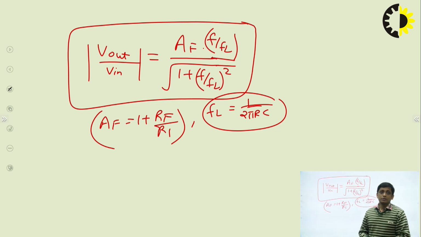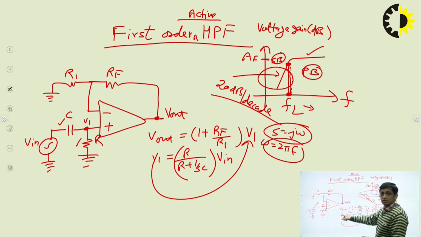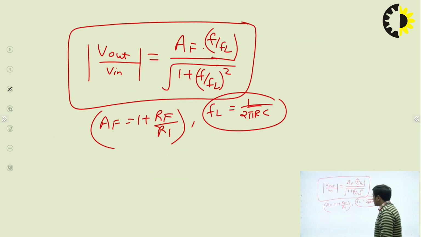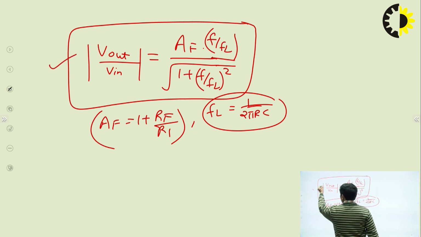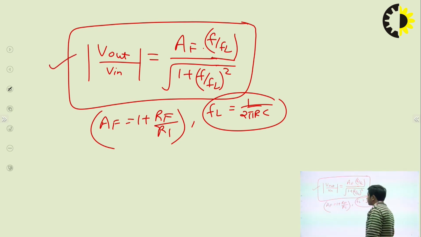When you solve this equation, you will get the terms 1 upon 2 pi RC and 1 plus RF upon R1, right? Just replace 1 plus RF upon R1 with AF and 1 upon 2 pi RC with FL. After replacing this, you will get V out upon Vin.